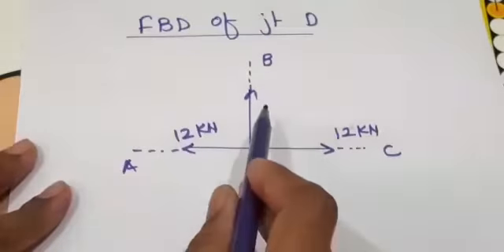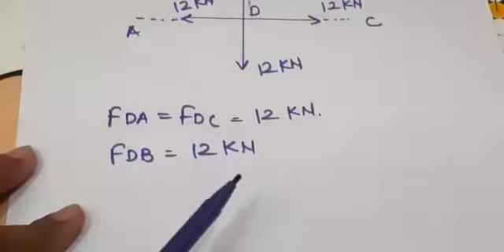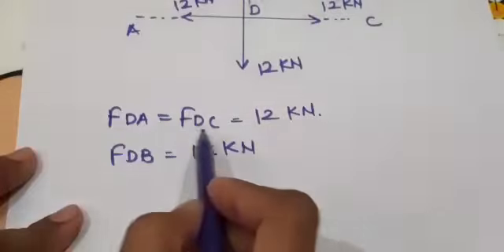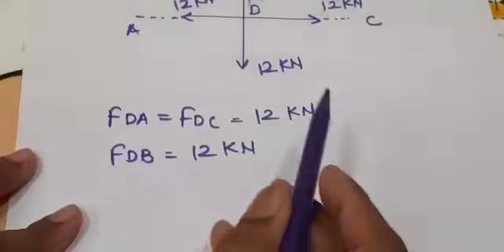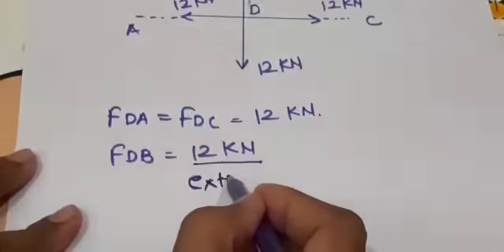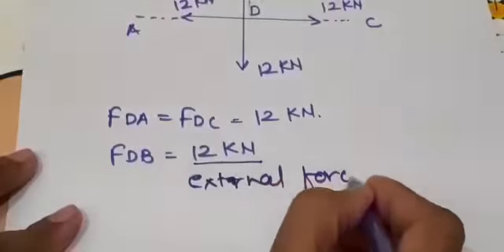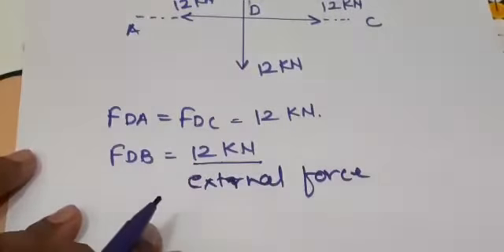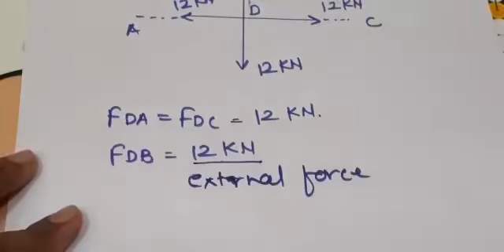Hence, the force in member DB is equal to 12 kilonewton and the nature is tension. From this figure, we get FDA is equal to FDC is equal to 12 kilonewton. So this is the analysis of the truss by using the method of joint.